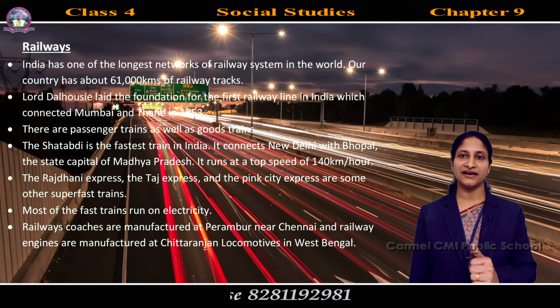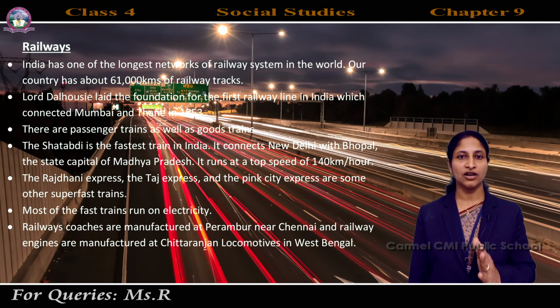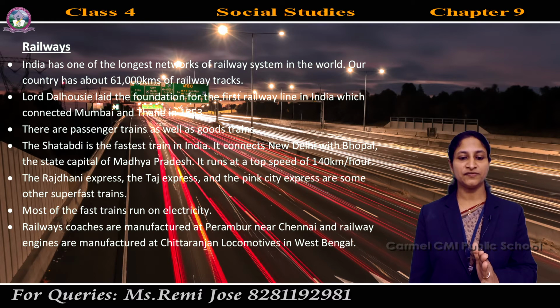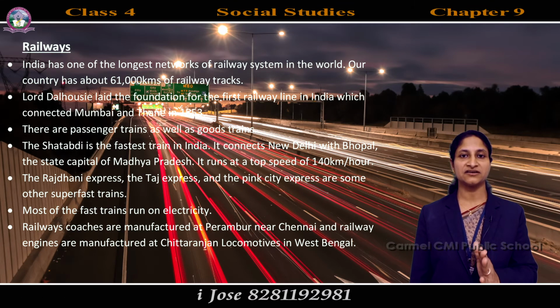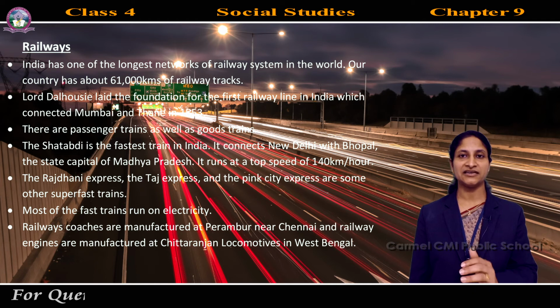The first railway line in India was built by Lord Dalhousie in the year 1853, and it connects Mumbai and Thane. Who built the first railway line in India? Lord Dalhousie built it, connecting Mumbai and Thane in 1853.